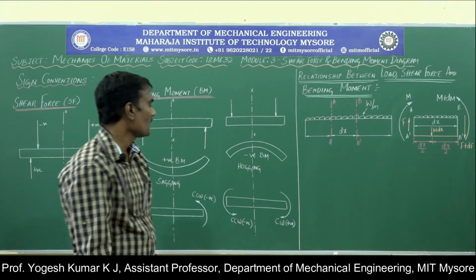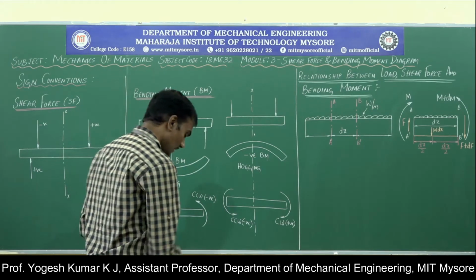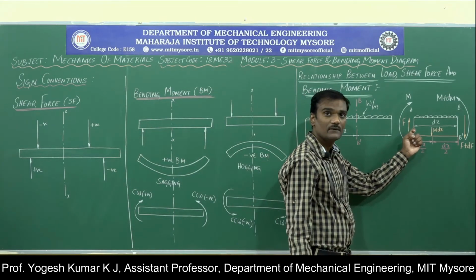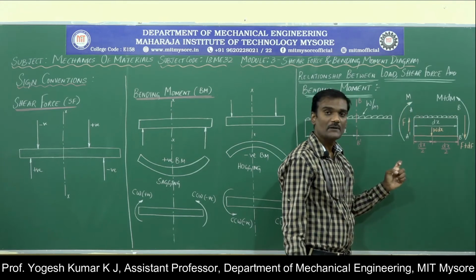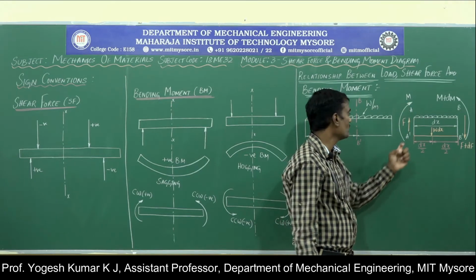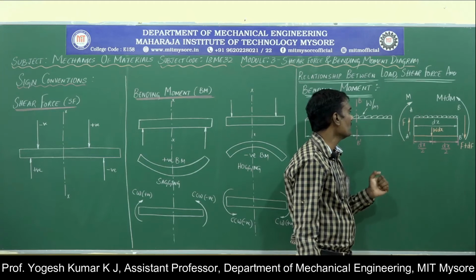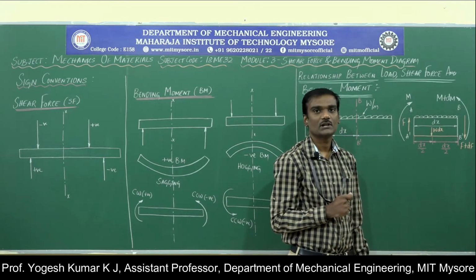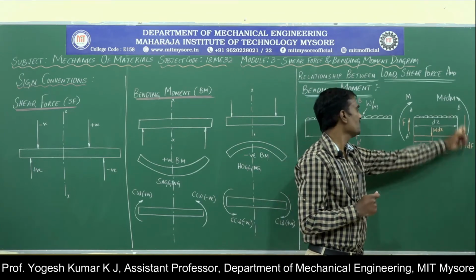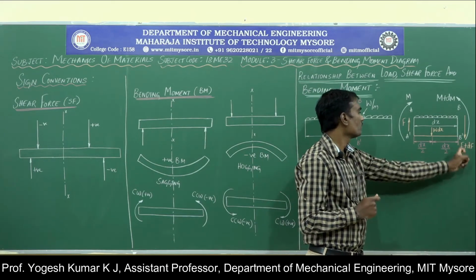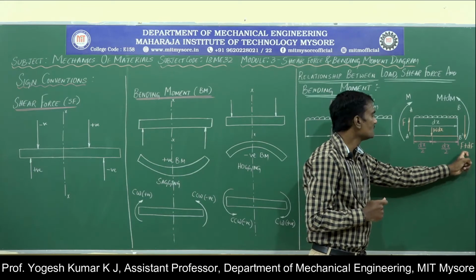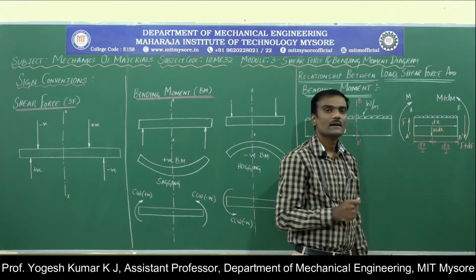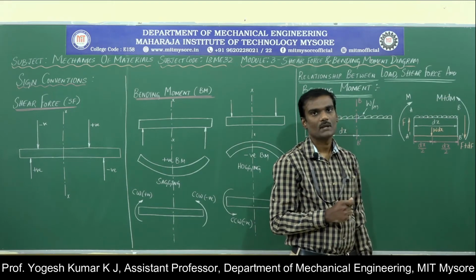At section AA dash, we have a shear force F acting upwards and a moment M which is clockwise in nature. And at section BB dash, we have a shear force acting downwards, that is F plus dF, and a counterclockwise moment M plus dM.